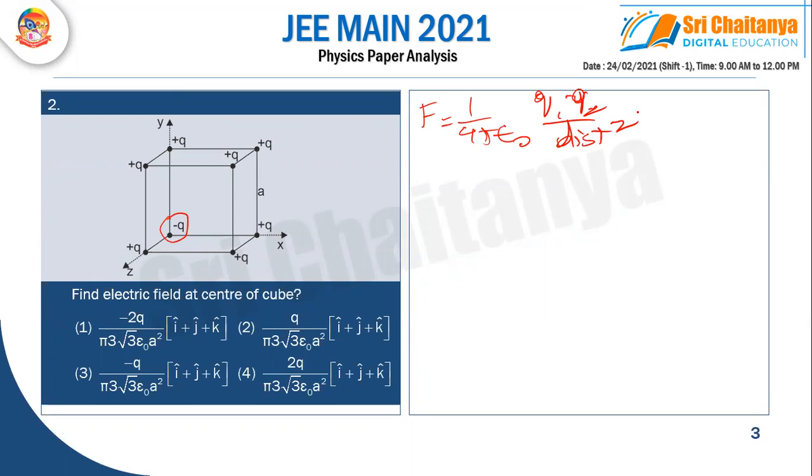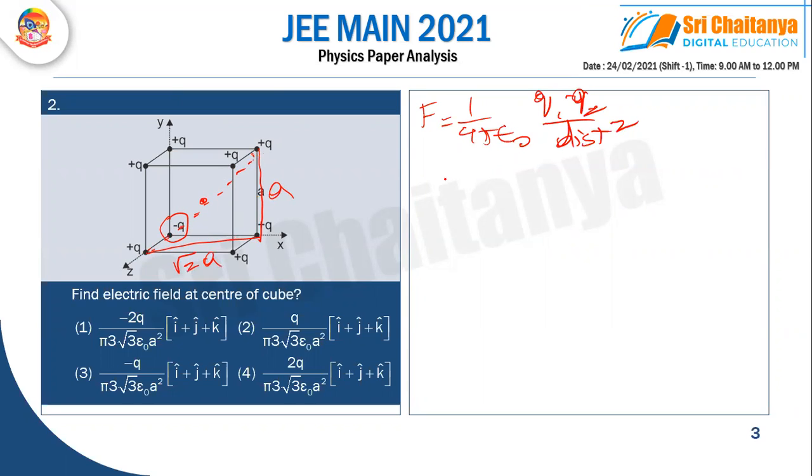And about this particular distance, the question asks for the electric field at the center of the cube. So in order to find this distance from any of the corners, we need to use these distances. So now this will be root 2a, and this is a.